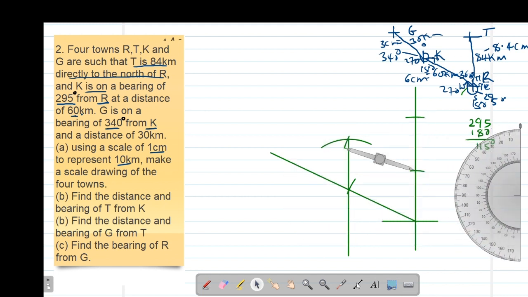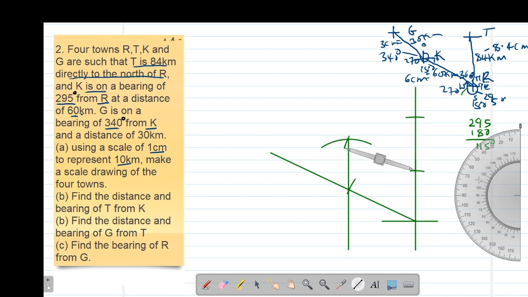Actually my line is not very accurate. Let me draw a more accurate one. So let me redraw it. So from this point I need to ensure that it is as accurate as possible. Slightly, let me see. Yeah, it should be through somewhere there, so that angle is better.